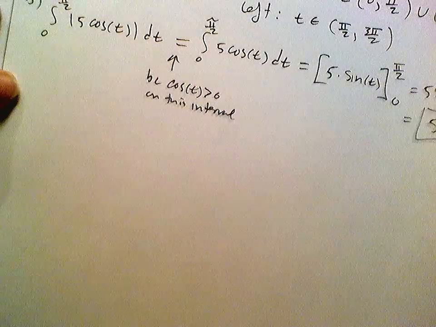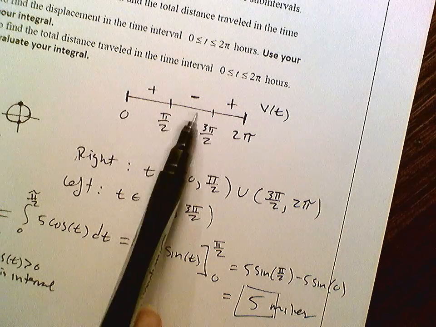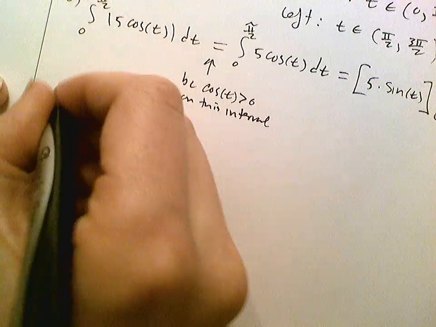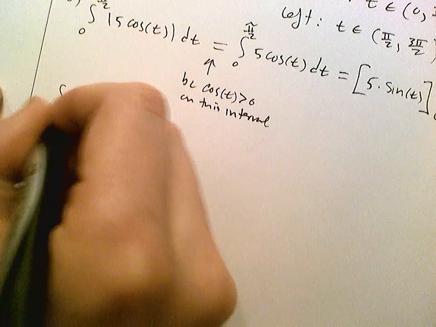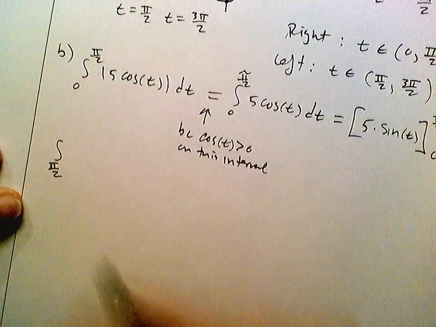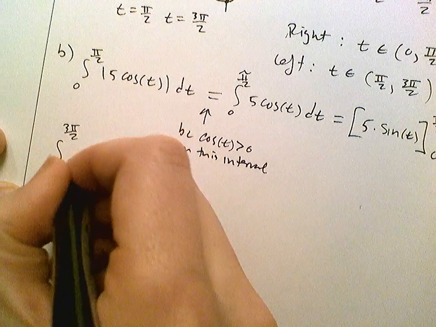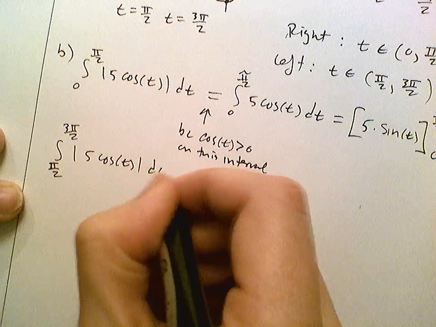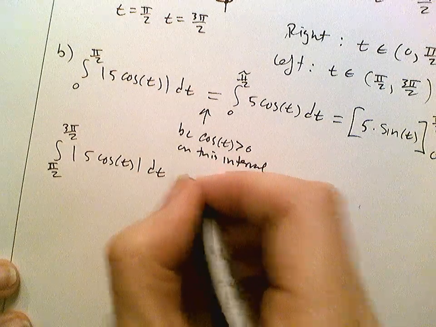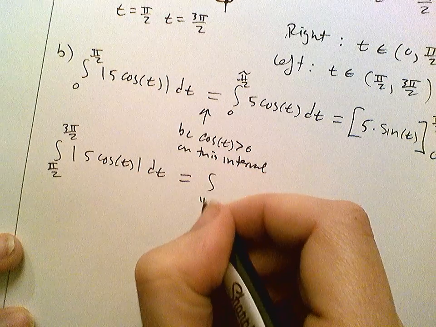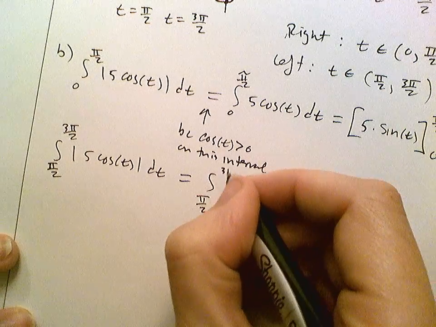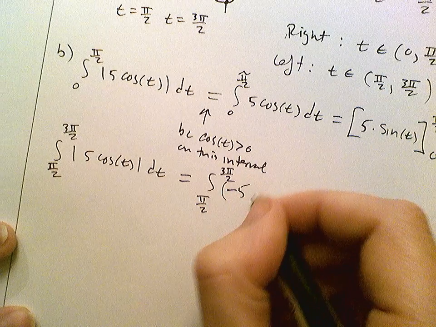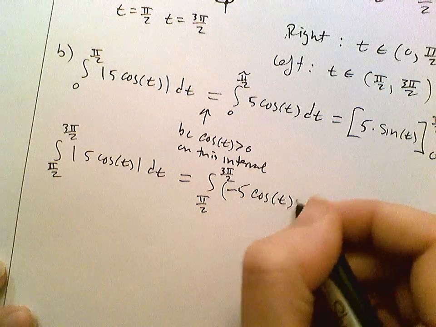Alrighty, so now this second interval here, I do the same thing, except I'm going from pi over 2 to 3 pi over 2 of the absolute value of 5 cosine t. And then this is equal to the integral over the same interval, but negative 5 cosine of t.